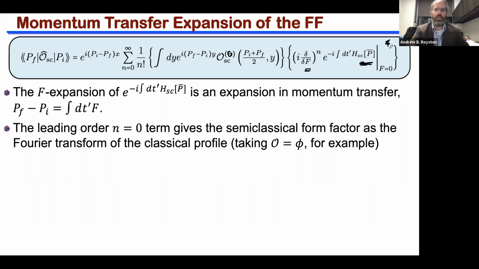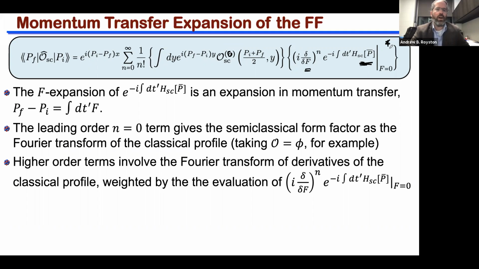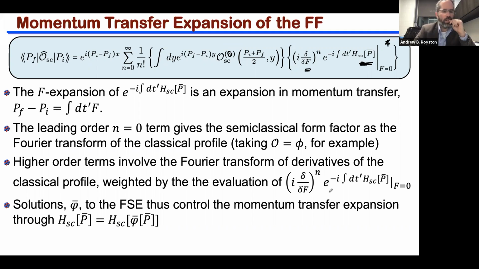That's where the forced soliton equation comes in. So higher order terms involve the Fourier transform of derivatives of the classical profile weighted by the evaluation of this guy. So solutions to the forced soliton equation control the momentum transfer expansion through determining the dependence of this H_SC on the momentum, and hence this force that we need to take derivatives with respect to.